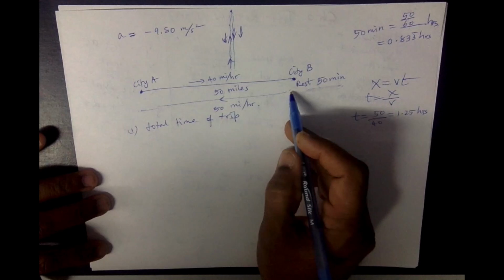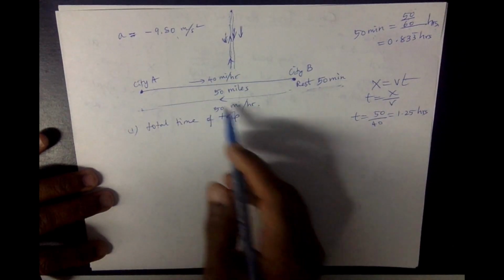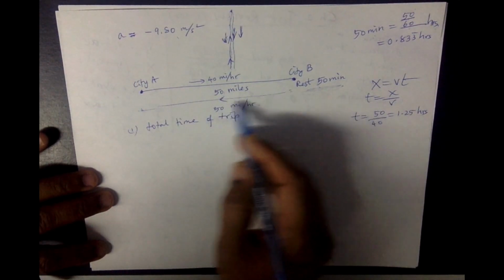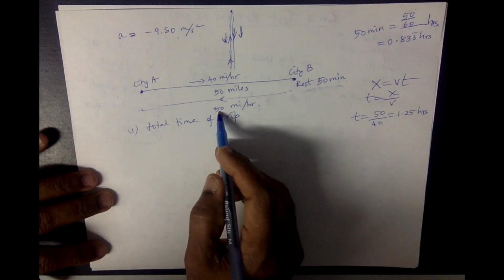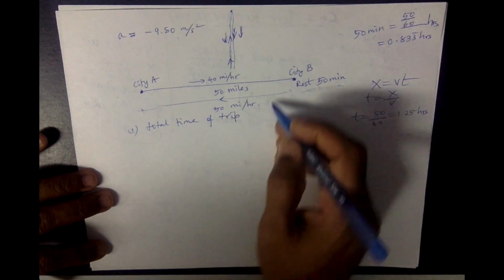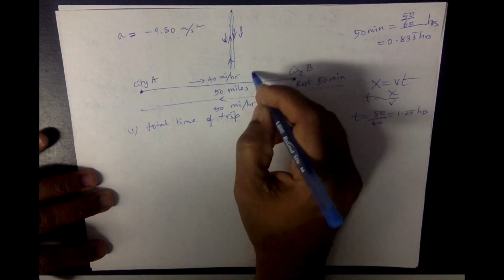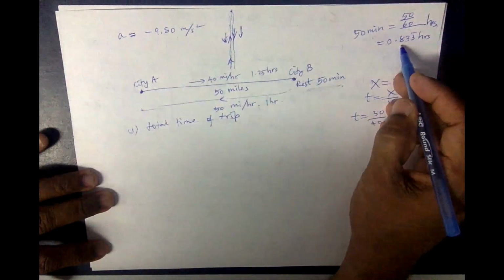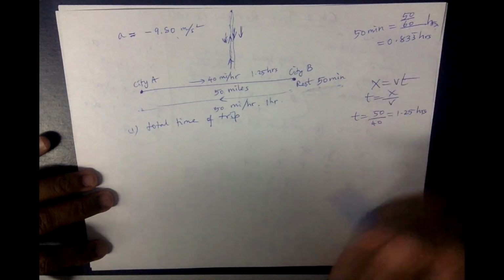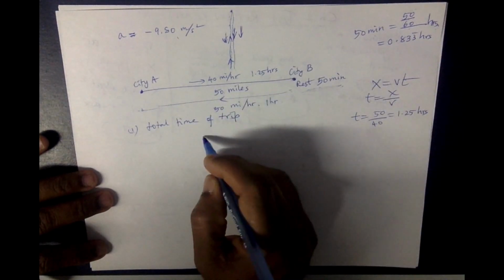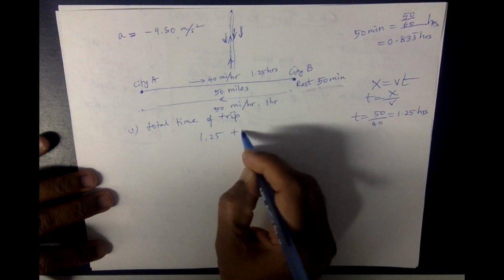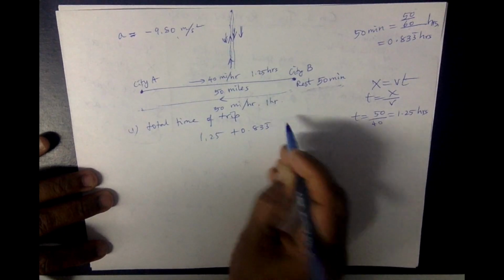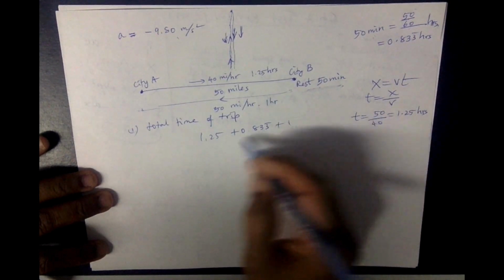And coming back, what is the time for coming back? He's traveling 50 miles at 50 miles per hour, so he exactly takes 1 hour. So 1 hour here, 1.25 hours here, and 0.833 hours resting there. So what is the total time of the trip? It is 1.25 plus 0.8333 plus 1.